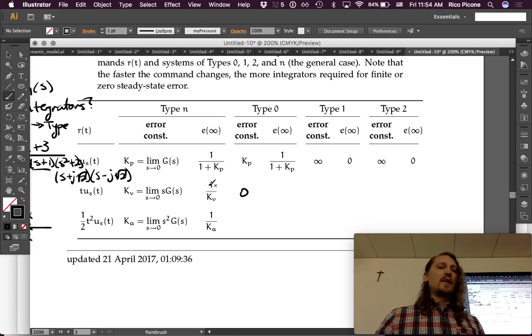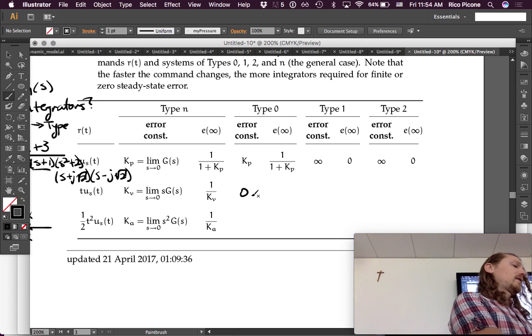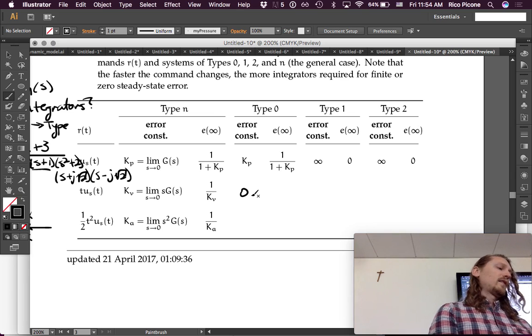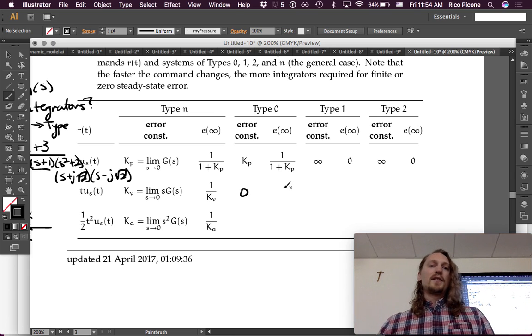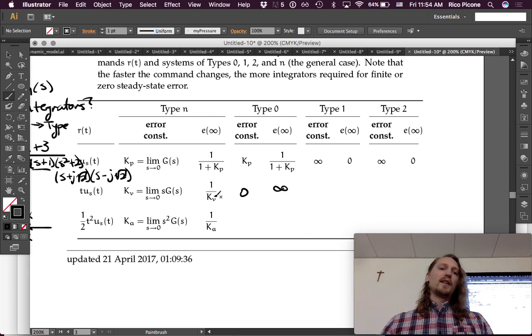And what does that mean for our steady state error? It approaches infinity. Because as s goes to 0, Kv goes to 0, and that means the steady state error goes to infinity.